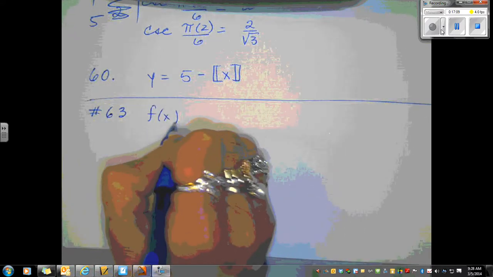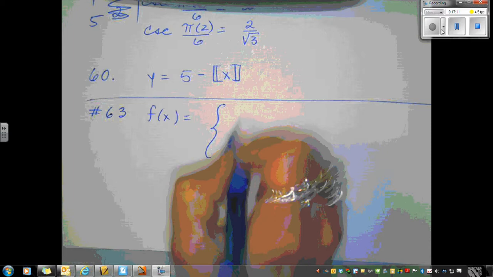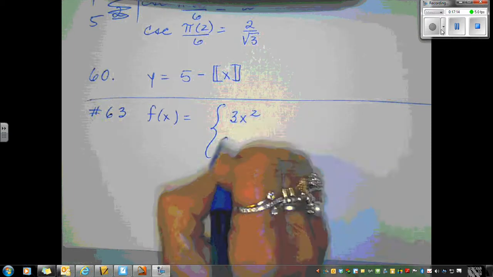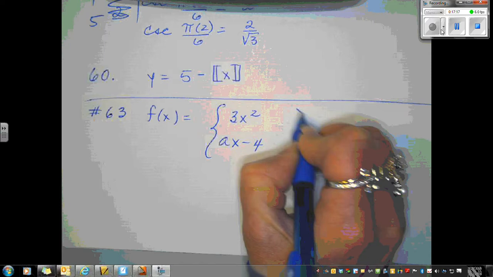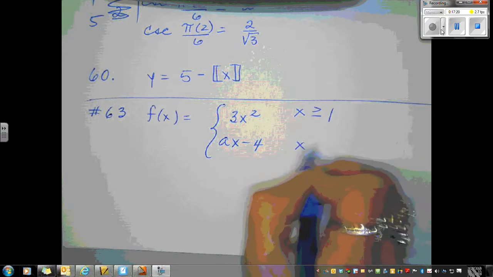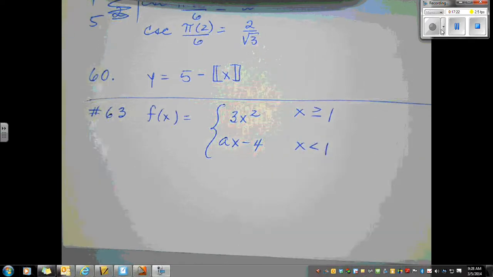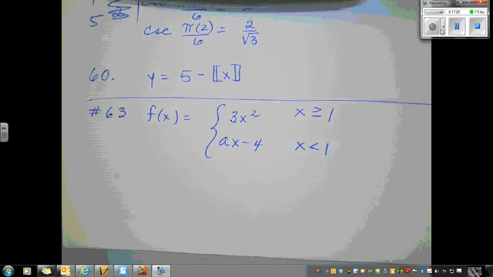F of x equals 3x squared, ax minus 4, x is greater than or equal to 1, x is less than 1, and the instructions say, in exercises 63 to 68, find the constant a, or the constants a and b, such that the function is continuous on the entire line.